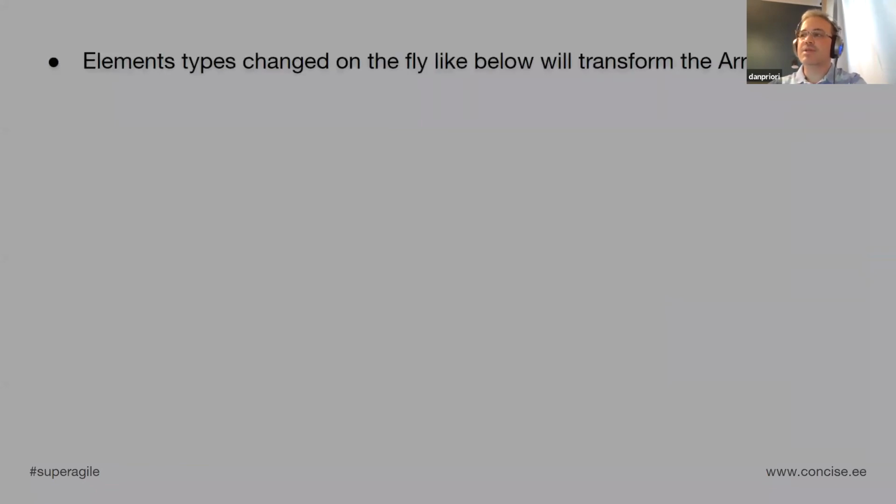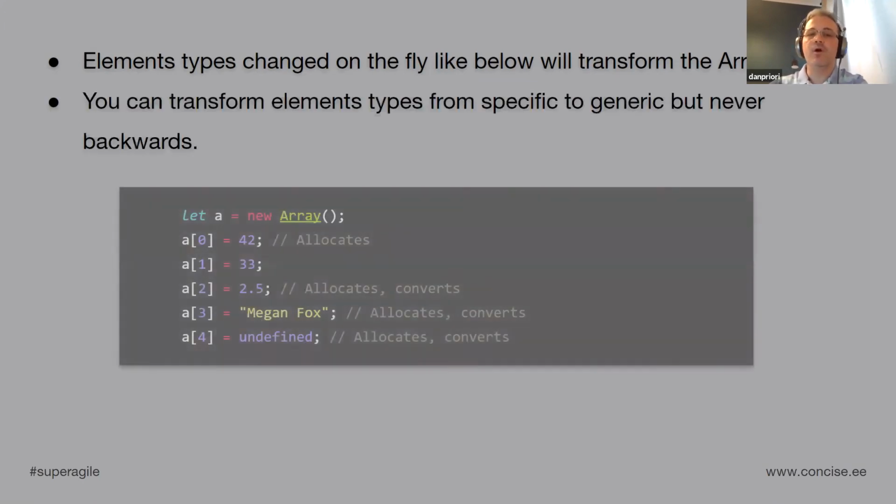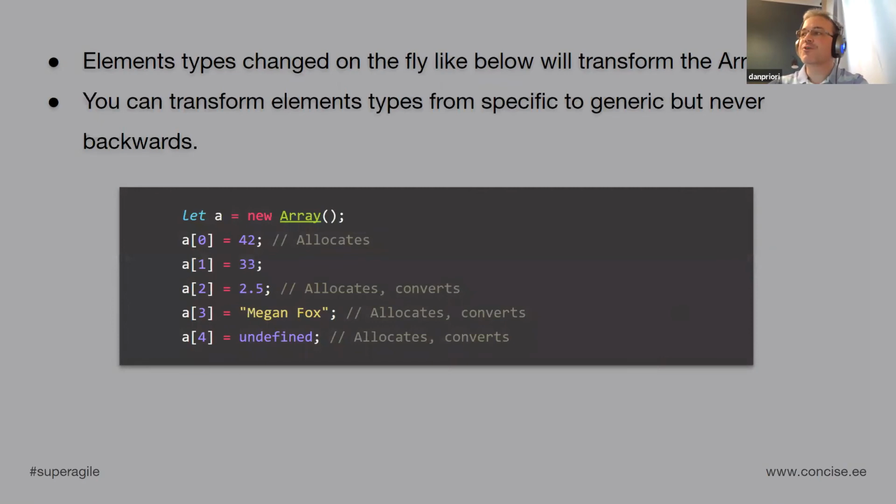So element types can change, as you know. If you change your array on the fly, like below here, it gets transformed into the next state of element kinds. You can transform element types from specific to generic, but never backwards. So if you have a holey elements array, for example, it stays holey forever and takes longer to optimize, as I said before.